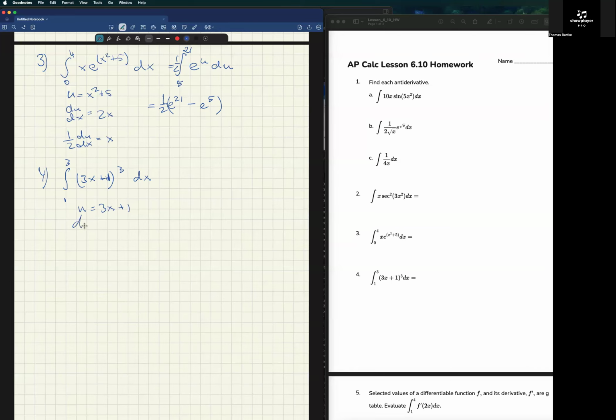That makes du dx, hold on. So there we go, 3 is what we're looking for. So du dx is 3.